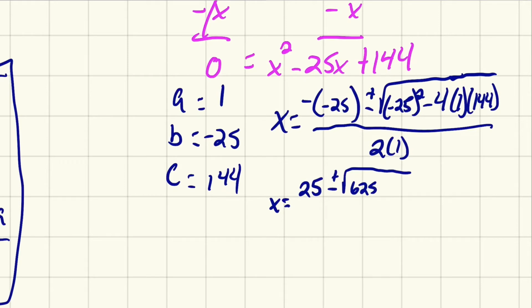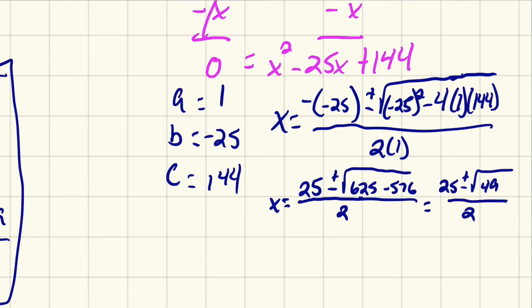We're going to subtract off 576. And we're going to put all that over 2. That's going to be equal to 25 plus or minus the square root of 625 minus 576, which ends up being 49, all over 2.